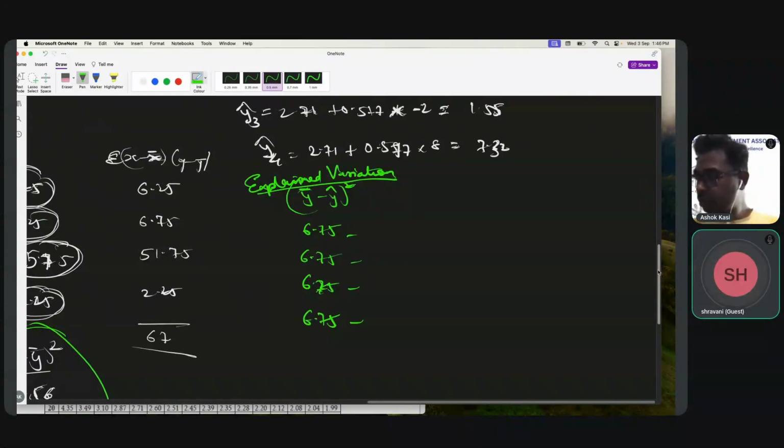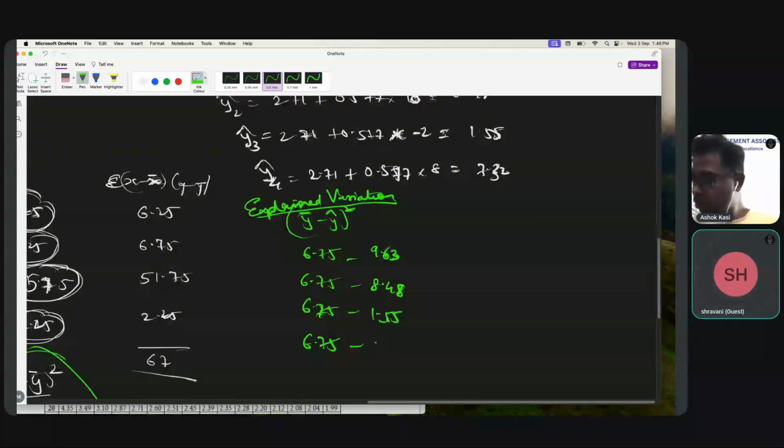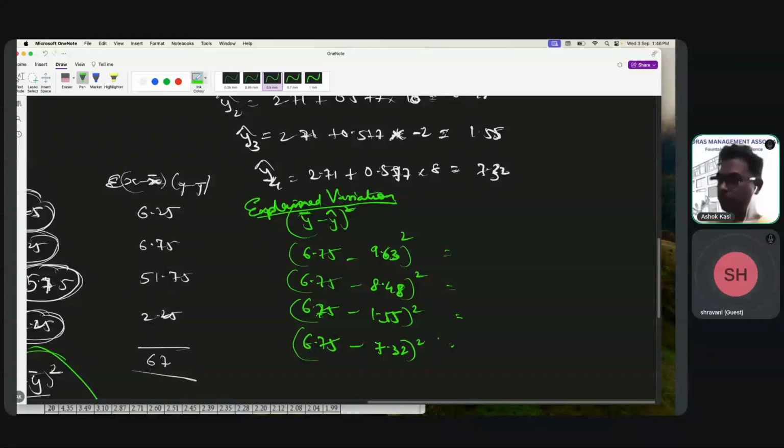And y hat is 9.63, 8.48, 1.55, 7.32. Now you calculate this. We want only the total, but still you keep telling me the numbers individually also.